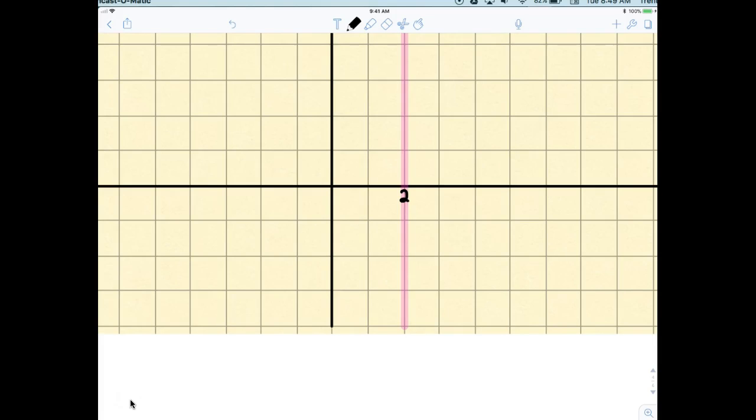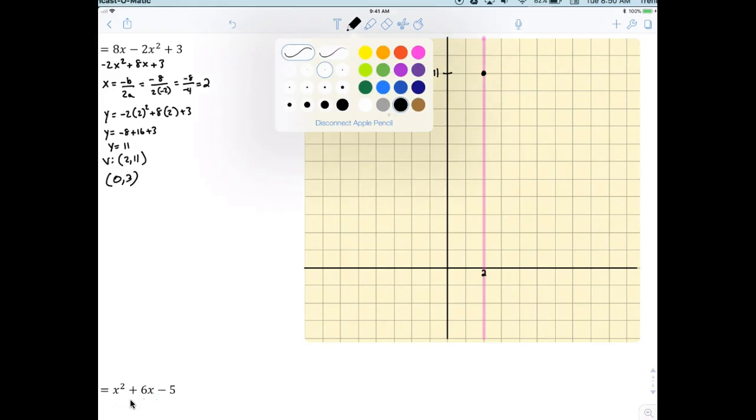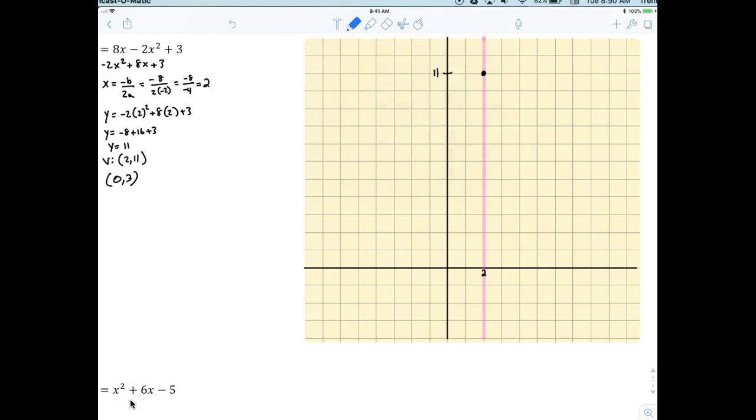Now I have to go up how many? So I have room on this one. And then I'm going to plot the y-intercept, which is what? 0, 3.